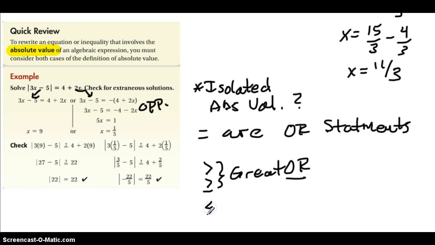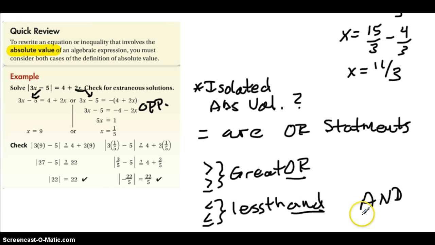And if it's less than or equal to, we know it's going to be less than, in other words, an and statement. And we said and always means overlap. So when you're graphing an and statement, you're looking for overlap.